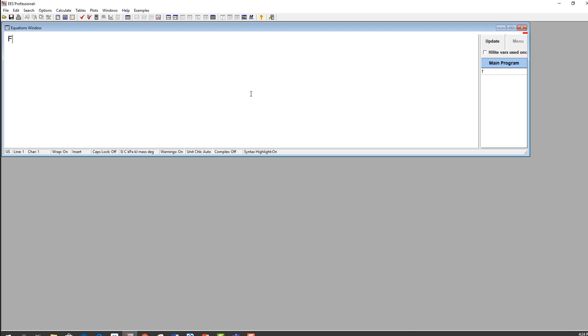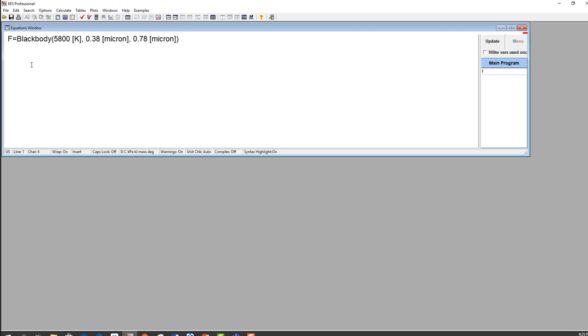So if I type in F equals Blackbody, and then let's say I want to know how much energy emitted by the sun is visible, right? Then the surface I'm talking about would be at 5800 Kelvin. The lower wavelength band is 0.38 microns, and then the upper wavelength is 0.78 micron.